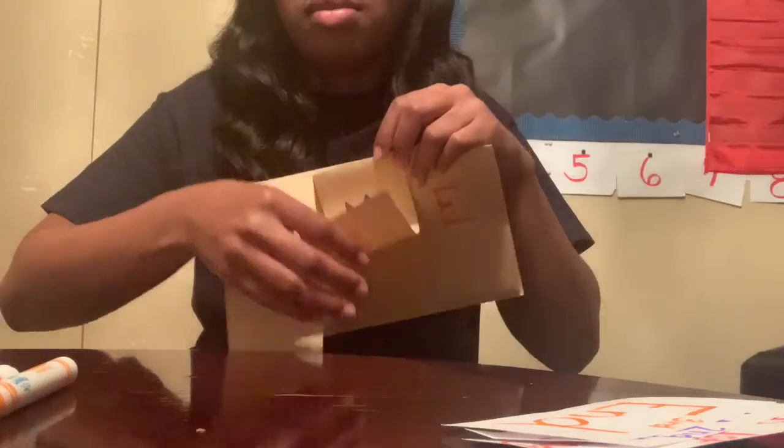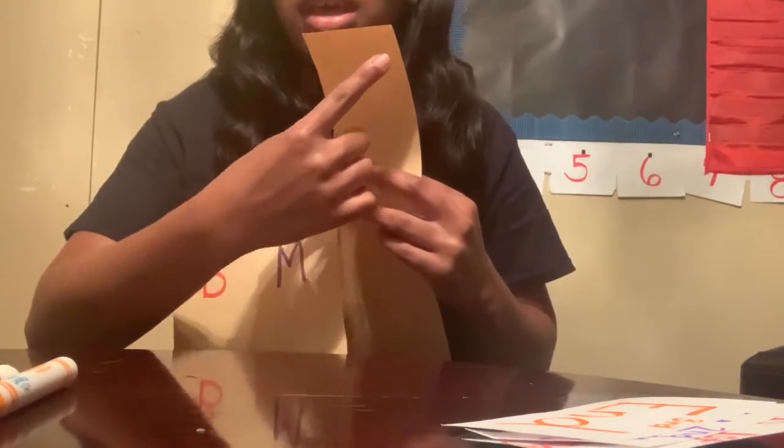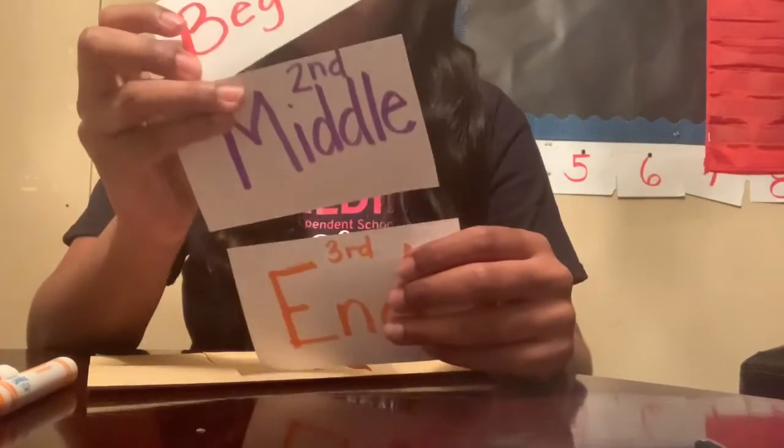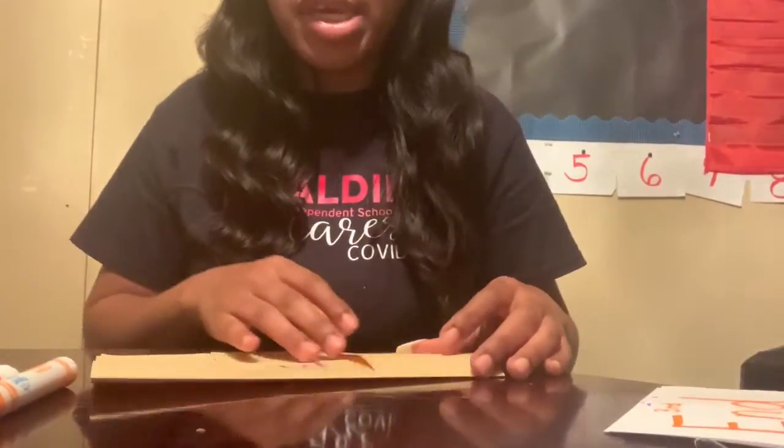In the middle, you're going to write in the middle. And in the end, you're going to write in the end. And don't worry, Ms. Blanks is going to post pictures of these words so that you can write your sentences on your own, okay?